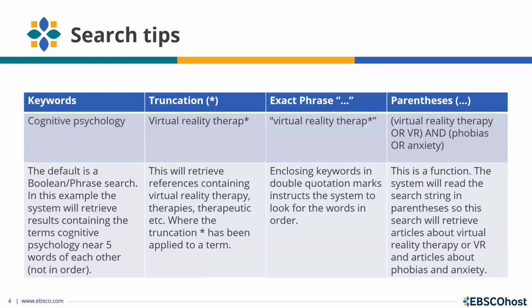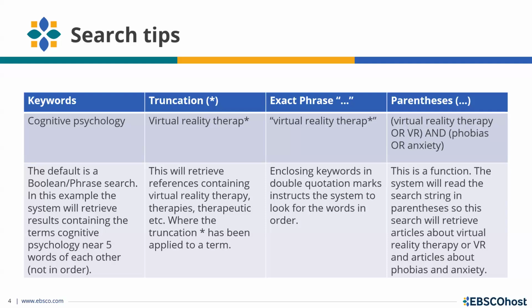I just have one more slide to go through that includes a couple more search tips, and then we'll be heading into the live demo. By default, if you perform a keyword search, the system will try to retrieve results containing the terms. If you have more than 2 terms in your search, in this example cognitive psychology, the system will try to retrieve results containing the terms cognitive psychology near 5 words of each other, not in a particular order.